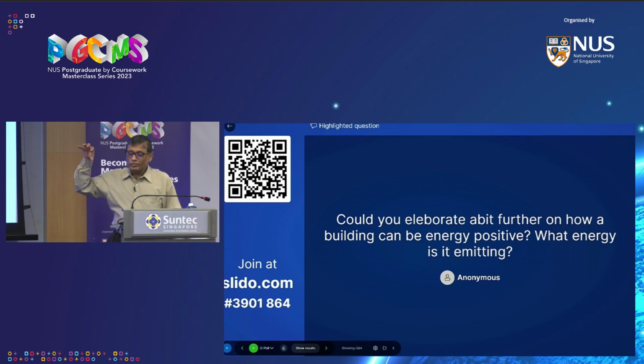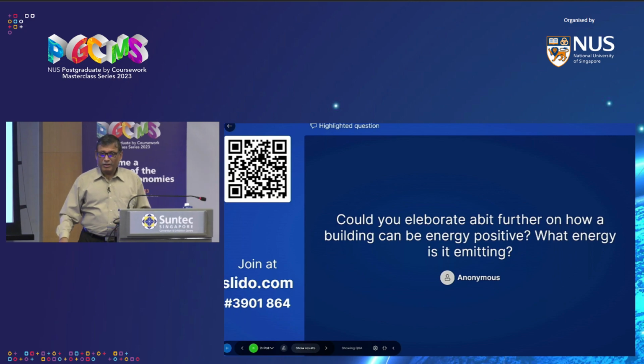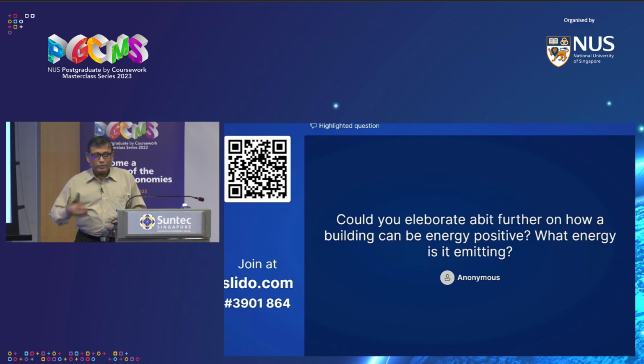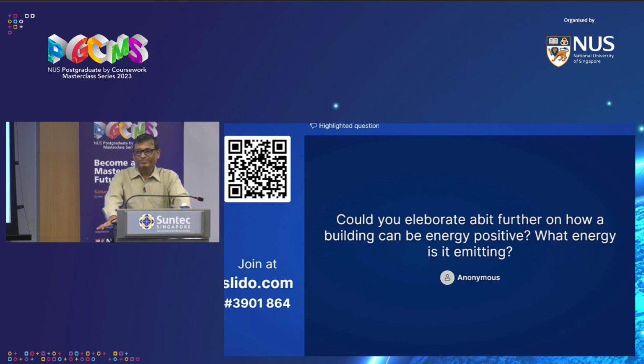You make use of the heat from under the ground, and if you have enough heat, you can use that for good purposes, good needs for us. So geothermal can be another renewable energy to produce for the energy balancing equation. So there are different ways. That's what I meant. A building can be energy positive.